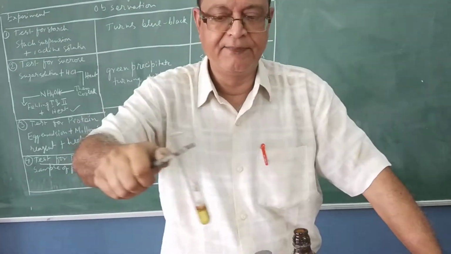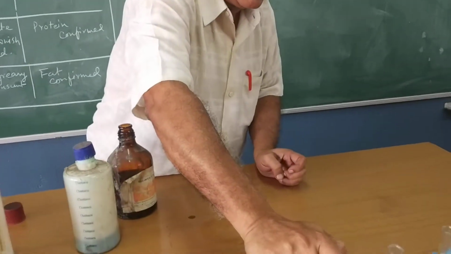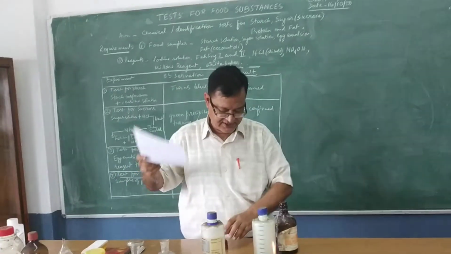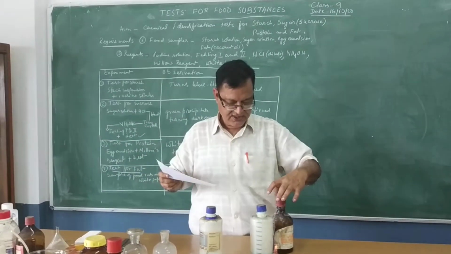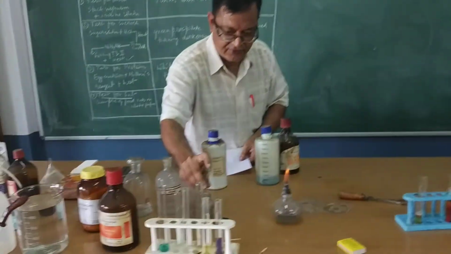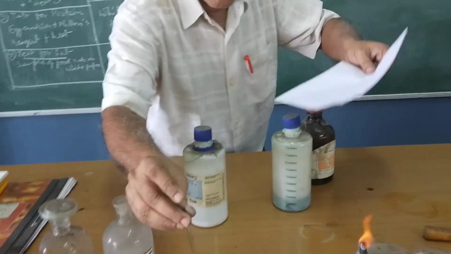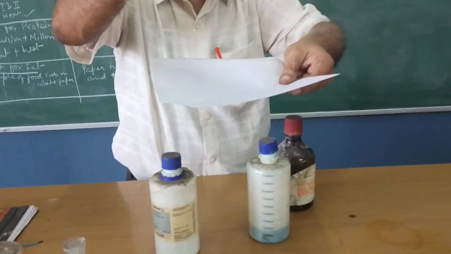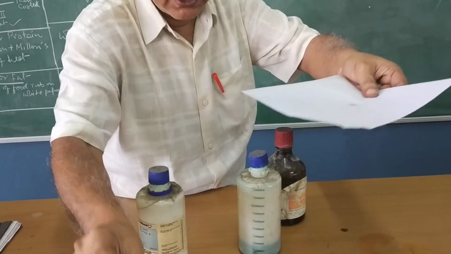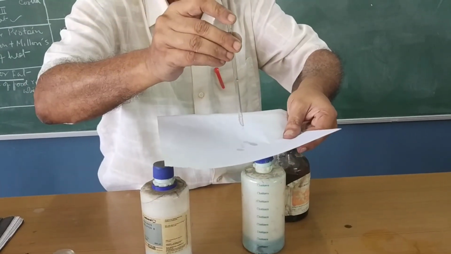And finally, we will see, this is the white paper. It's a very simple test for fat. White paper I have taken. I will take a drop of coconut oil to it. One drop. Let me take one more drop. Here it is.